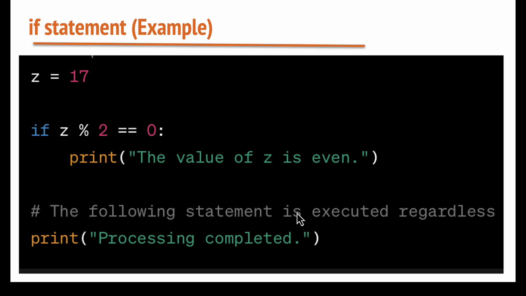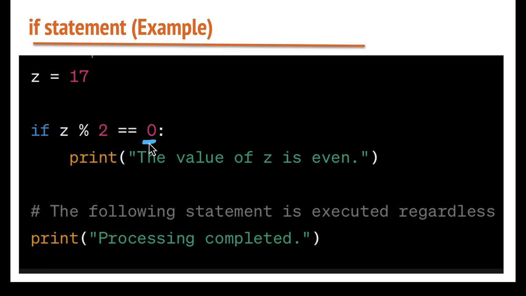So here's an example of an if statement. We've set up a single variable, z is equal to 17, and this particular syntax, if z % 2 is equal to 0. Basically this is evaluating to see if we have a remainder, and if that remainder is going to be 0.